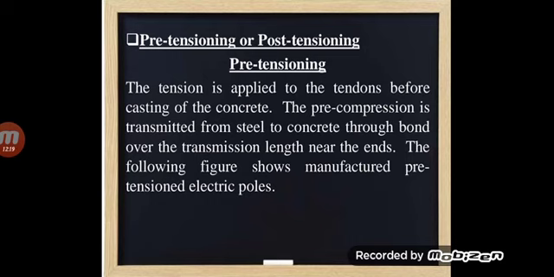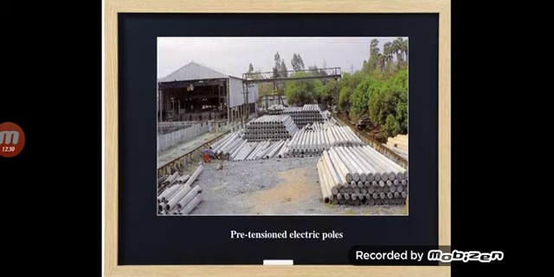Due to that, a compressive stress is induced inside the concrete element. So this is the pre-tensioning method. This is the pre-tensioned electrical pole. Mainly pre-tensioning will be used in factory made elements, meaning pre-cast members.